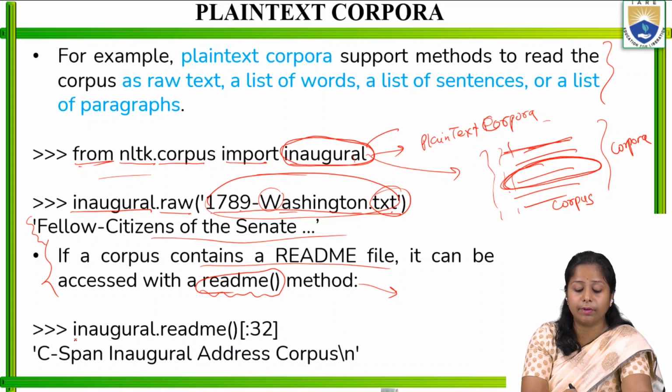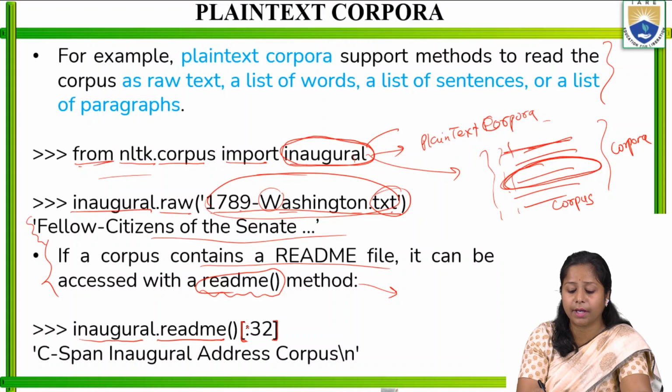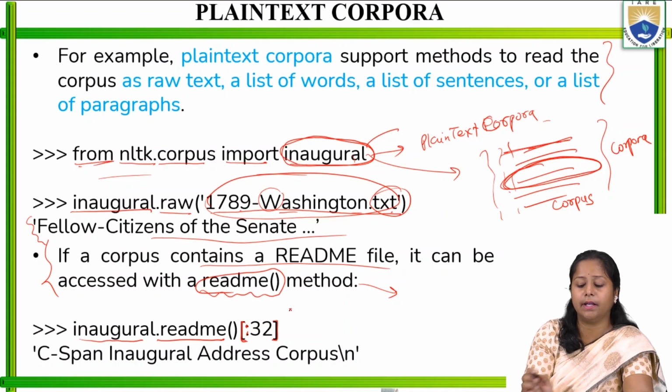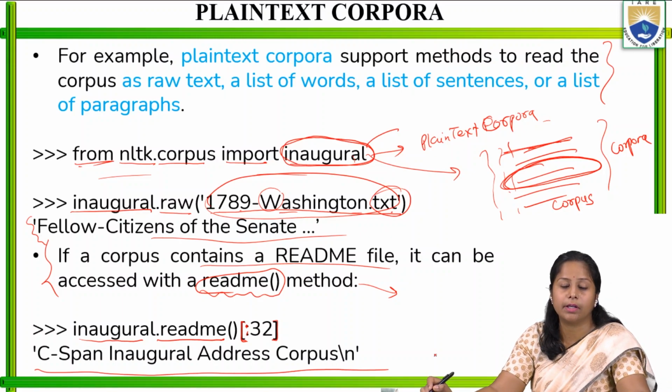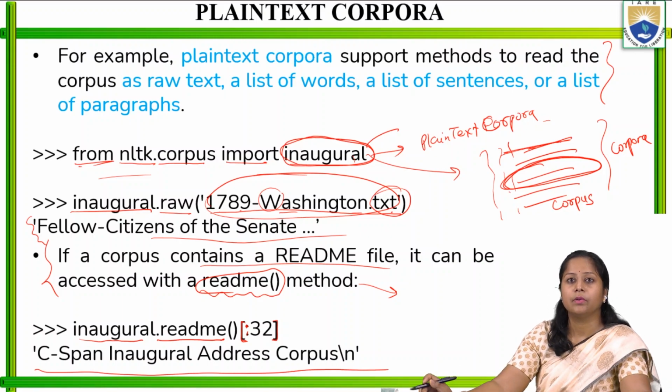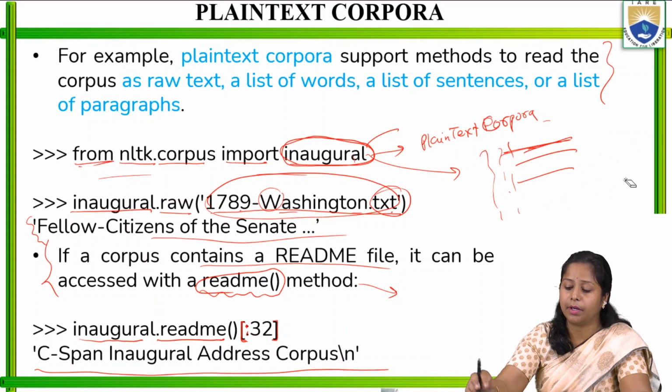In the very next line we will write inaugural dot readme function, and with the square brackets we need to write which letters we want. So colon 32 I will write, and it is going to give the output according to the text file. So that was the plain text corpora.